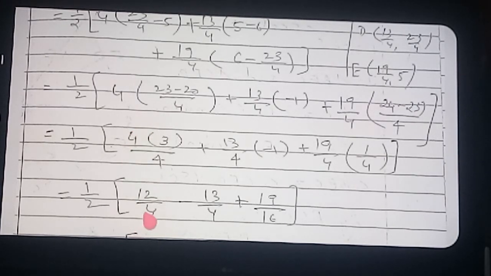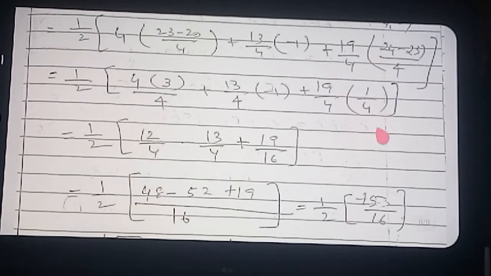Writing in this way makes the calculation easy. Minus 13 by 4 plus 19 by 16. Now take the LCM, 16 is the LCM. So 16 by 4, how much is coming? 4. 4 into 12, 48. Here the middle sign is minus, so minus. 16 by 4, 4 coming, 4 into 13, 52. Then 16 by 16, 1 into 19, 19.